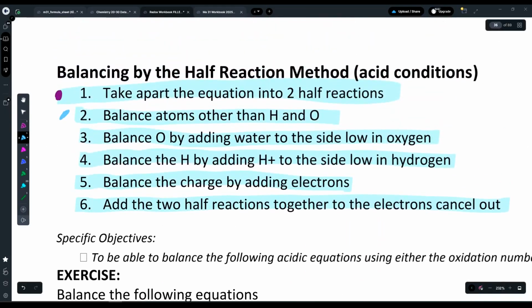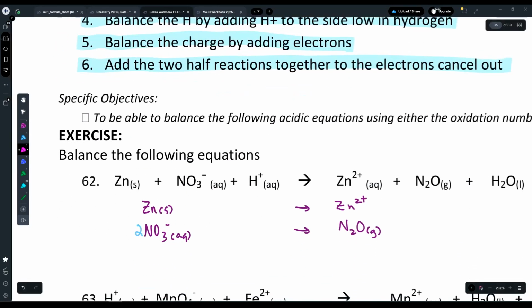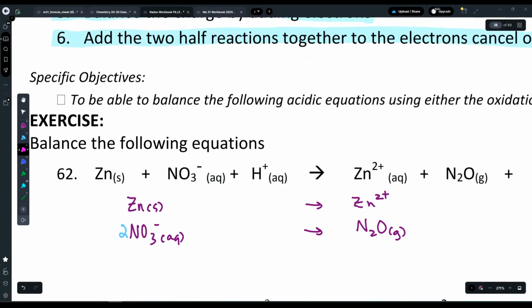Okay, so now we're on to step 3. We're going to balance oxygen by adding water to the side that has the least amount of oxygen. Keep in mind this step is only if it is necessary. Looking at our first reaction, there's no oxygen on either side, so I don't need to balance the oxygen because there's no oxygen there to balance.